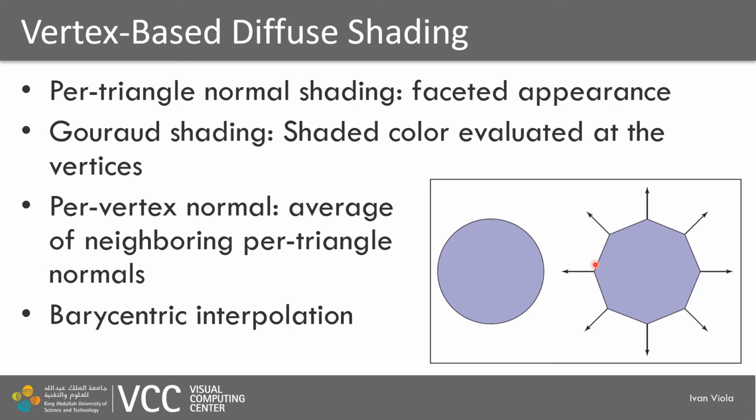We want to pretend that there is some kind of a smooth sphere here, which is just approximated by these triangles. So how can we do that?